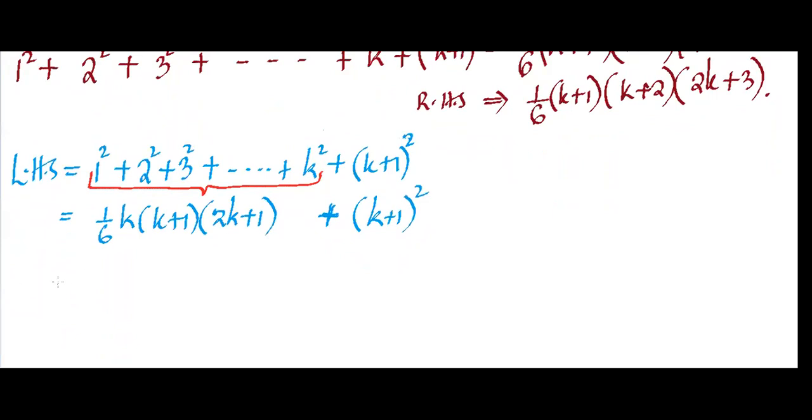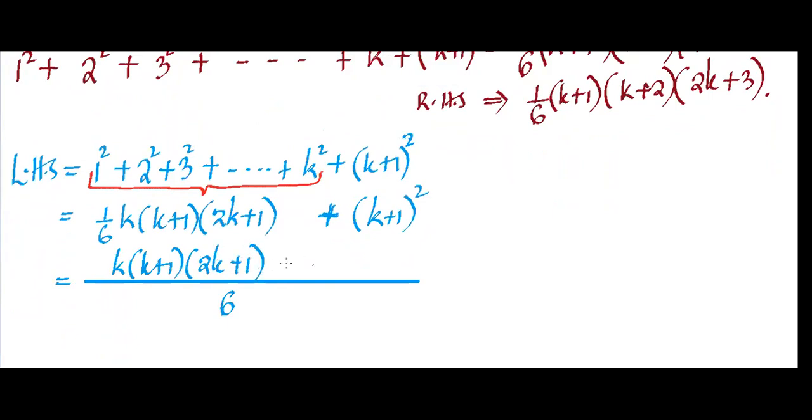So I hope we agree that there is an LCM to call for here, which is 6. That will give us k into k plus 1 into 2k plus 1, plus the k plus 1 all squared.